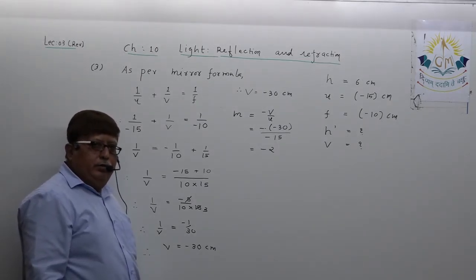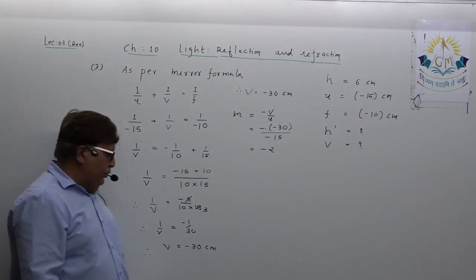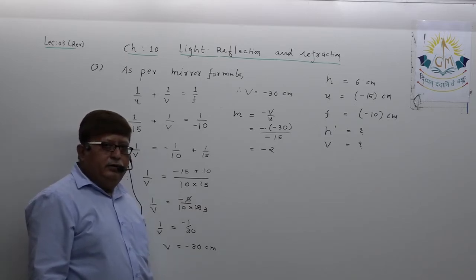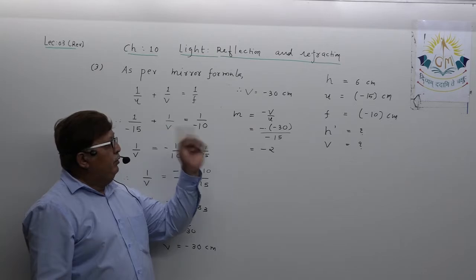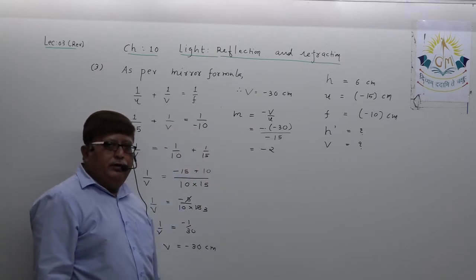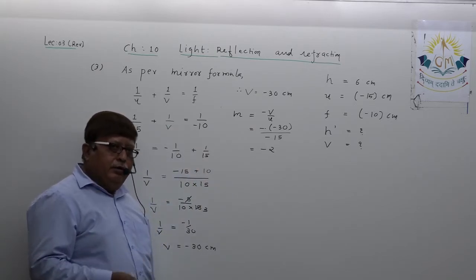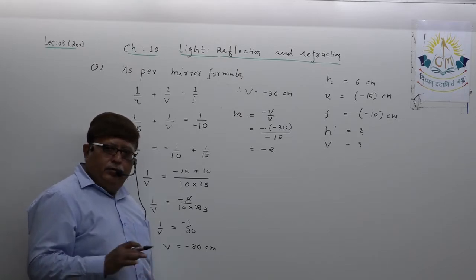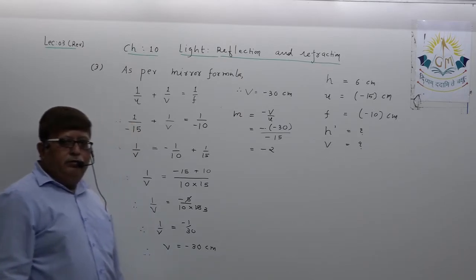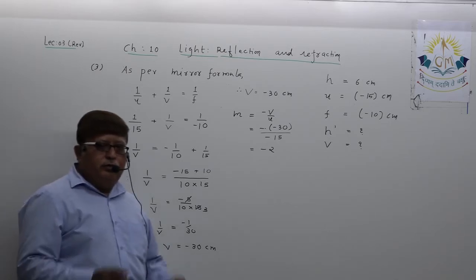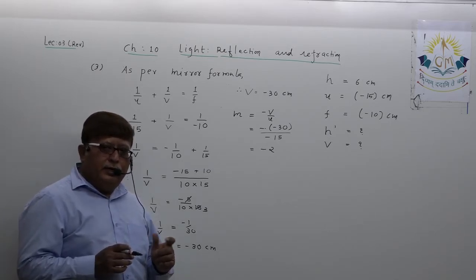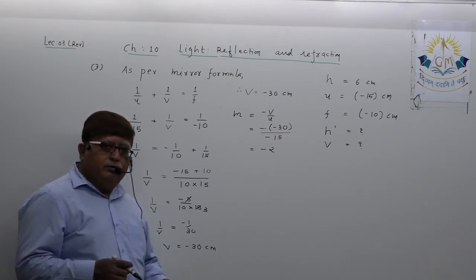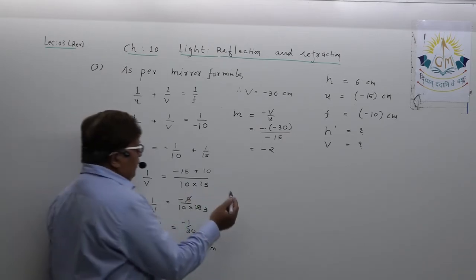And as I told you in both the examples, V negative concludes M negative, which concludes H dash negative. Be sure about this. This is some of the conclusive evidence whether you are correct or not in solving the examples. Okay.